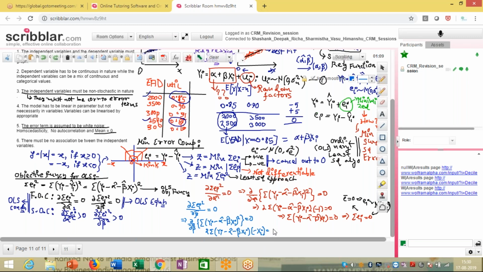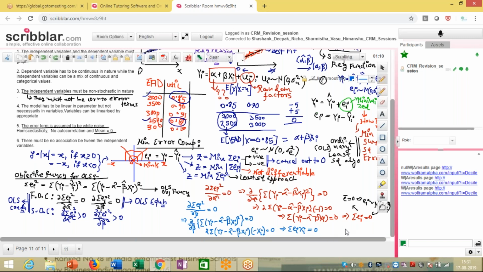This is equal to 0. Now when I write this part, the next question is, what does it transform to finally? It finally transforms to summation eixi equal to 0.